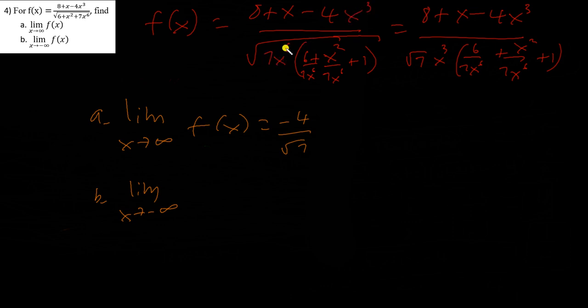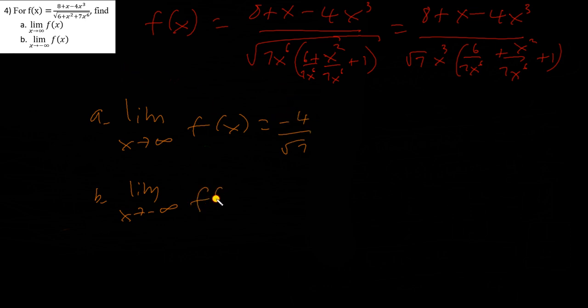While here, this is raised to an even power, so it's going to be a positive number, because anything raised to an even power is positive. So we would have had a negative times a positive, which is a negative. Wait, for the numerator, we would have had a negative power times a negative number, which is a positive. We would have had a positive divided by a positive, which is just going to be a positive. While when we had positive infinity, we would have had a negative divided by a positive, which is what gives us the negative here.